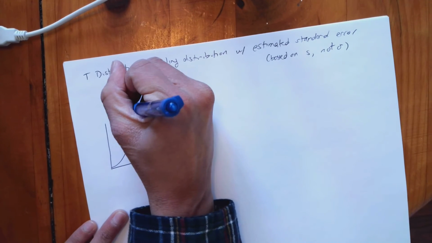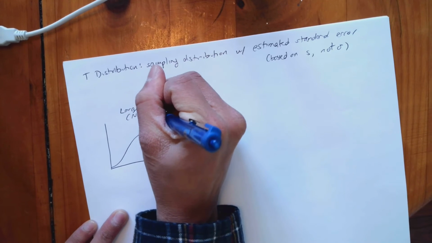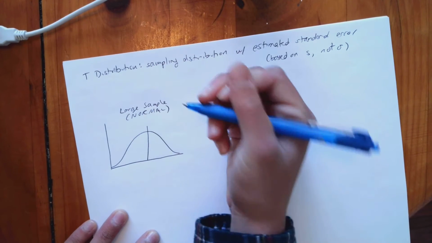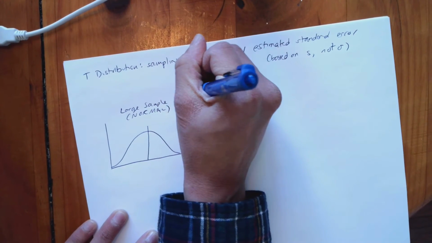So if you have a large sample, it's normal, and that's where n is greater than 30.